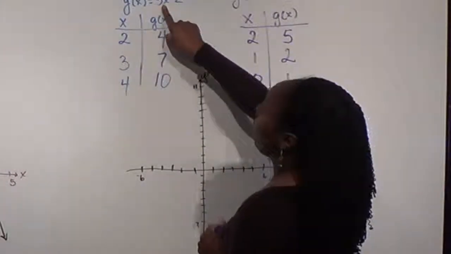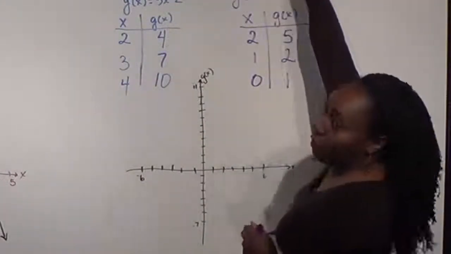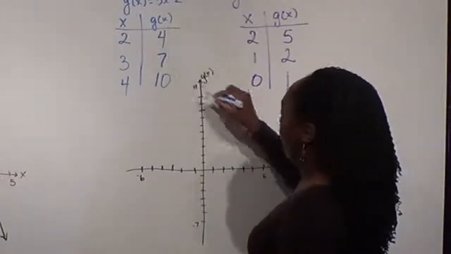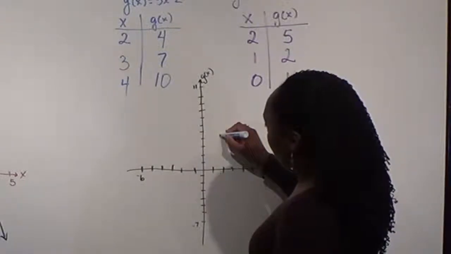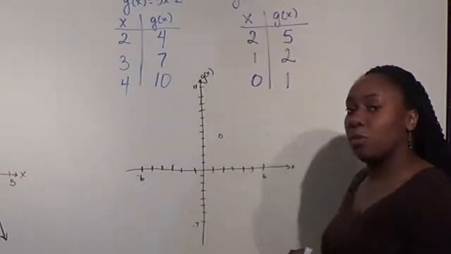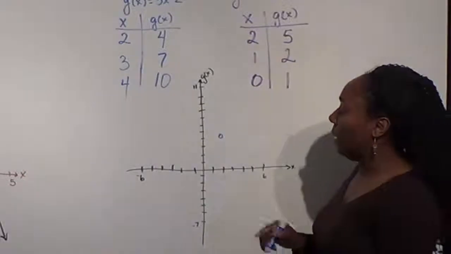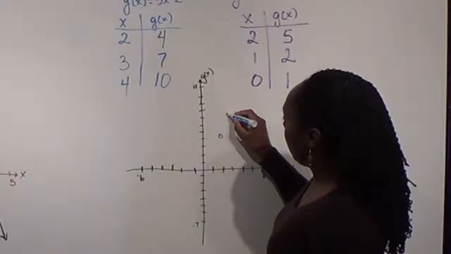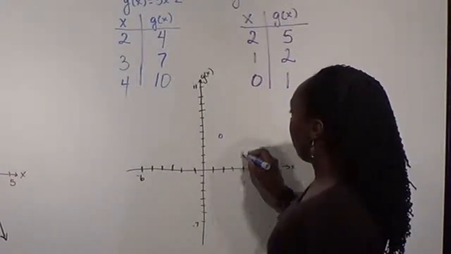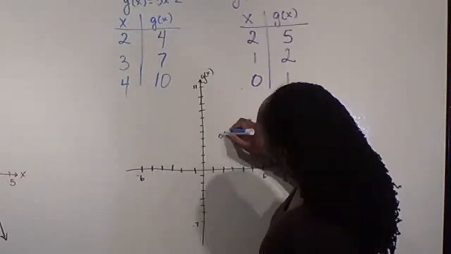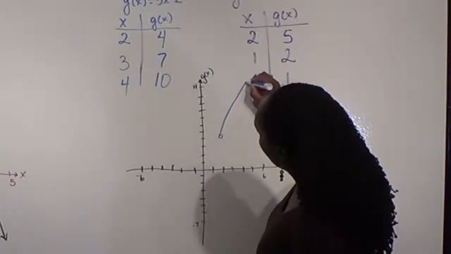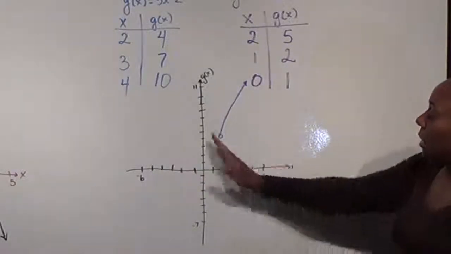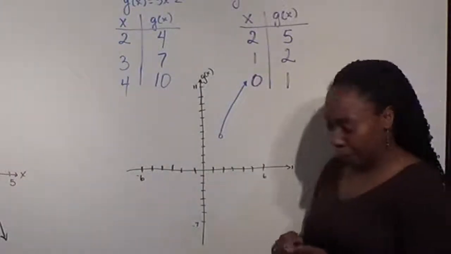Notice at 2 for the 3x minus 2, the domain is strictly greater, so it's non-inclusive. So at 2, when the value is 4, I'm going to have an open circle for the non-inclusive. Then at 3, I'm at a value of 7. And at 4, I'm at a value of 10. So I can see that my graph there is doing that for the values bigger than 2.